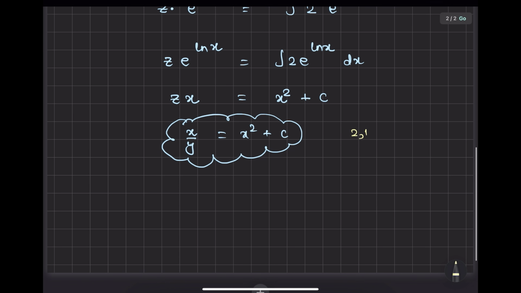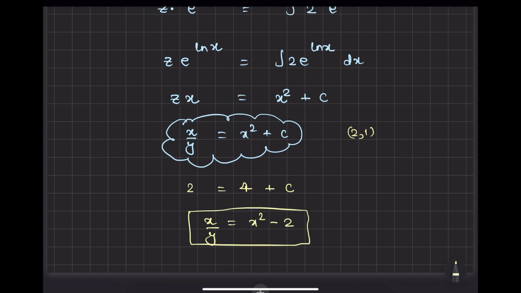So you have to satisfy this point. x is 2, y is 1, so it will become 4 plus c. So c becomes minus 2. Let's update: x by y equals x square minus 2. So this is our function.